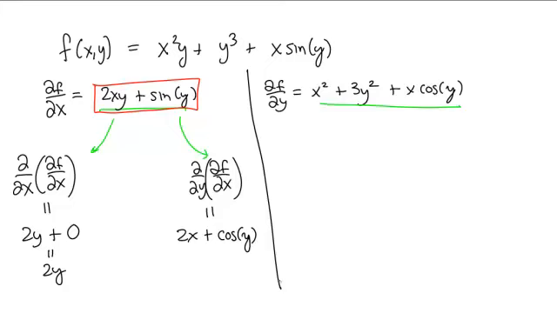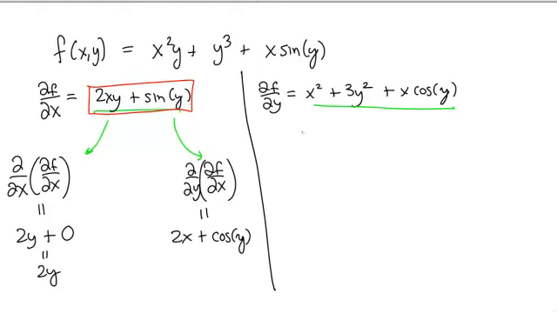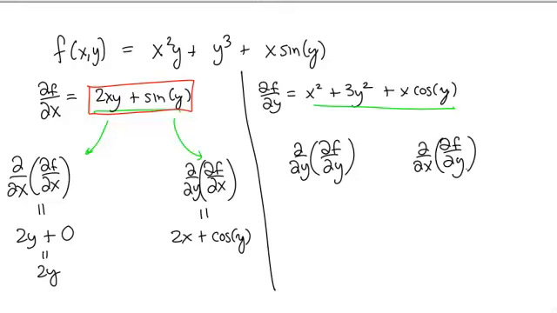And, of course, we could do the same thing over here. We've got this partial derivative of f with respect to y. But since it's a function of two variables, we could repeat. We could take the derivative with respect to y of this, or we could take the derivative with respect to x of it, and we would get two brand new partial derivatives. So let's try this out.